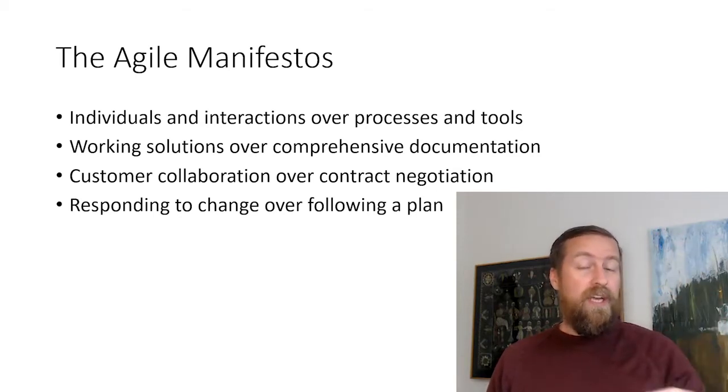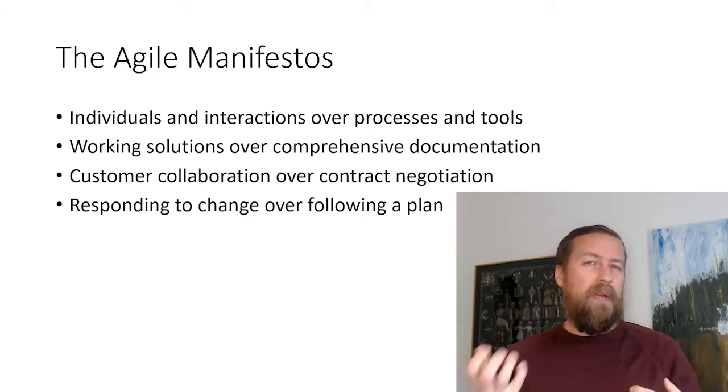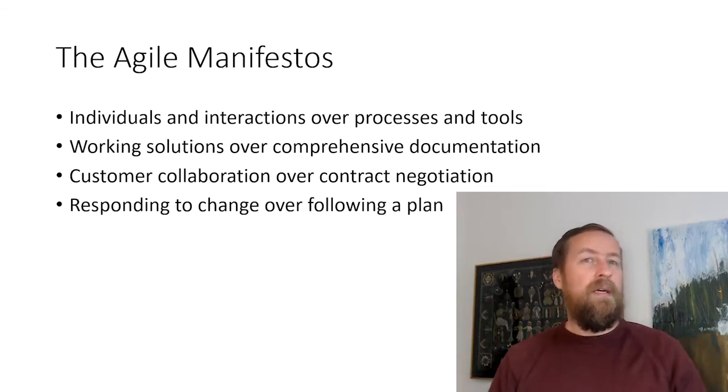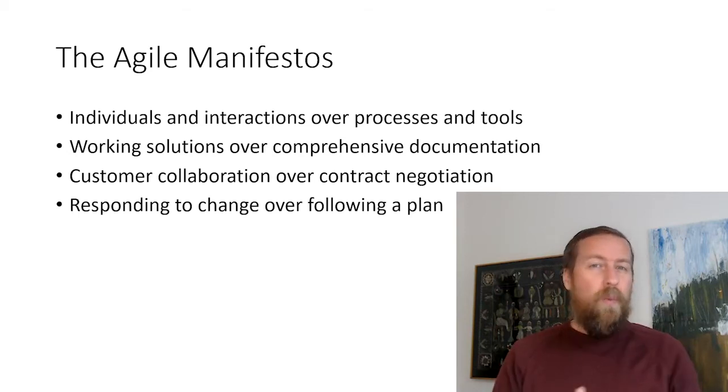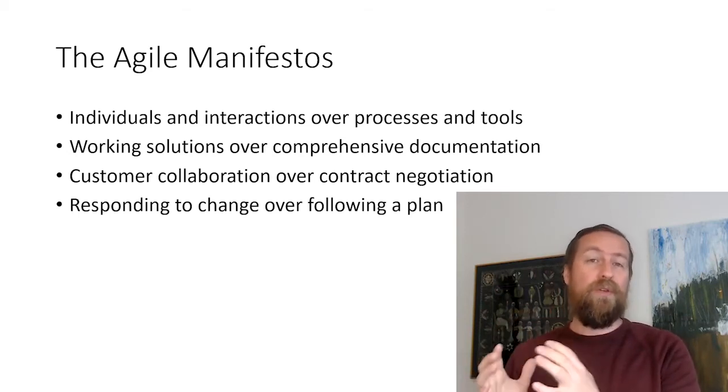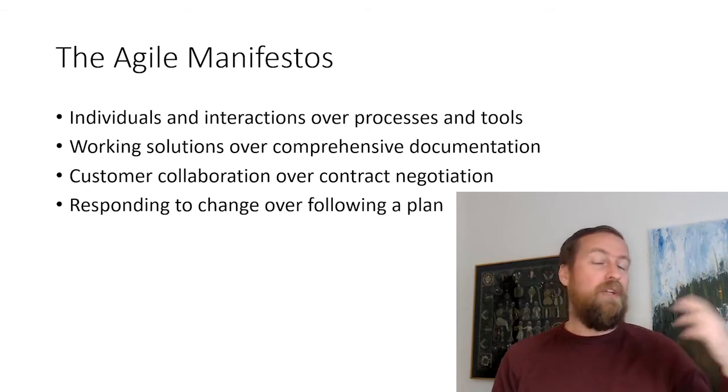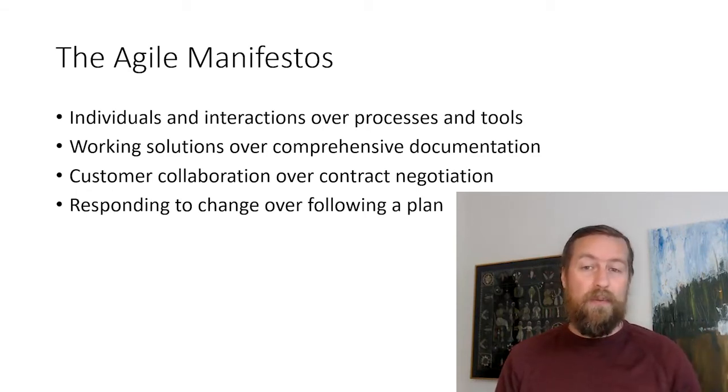For some projects, as you hear, the first part is good. You need some working solution, but maybe comprehensive documentation is not so important. Think about drug development, medical systems. Well, we need very thorough documentation. Then we cannot just do whatever fits right now.